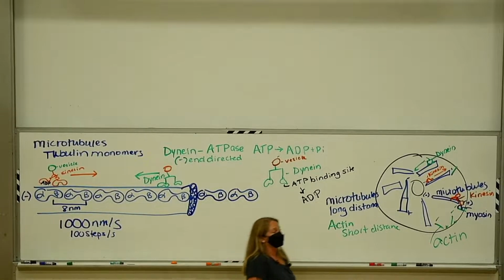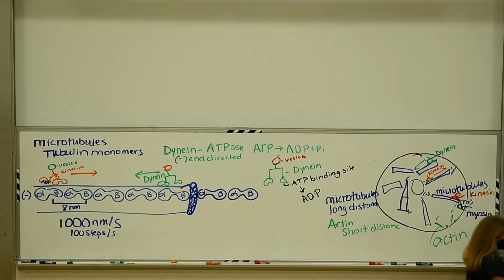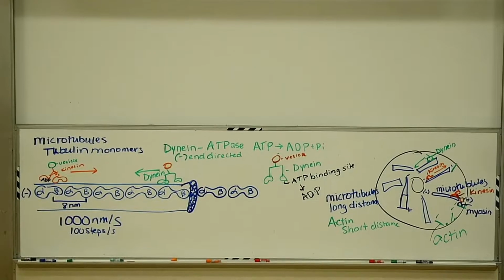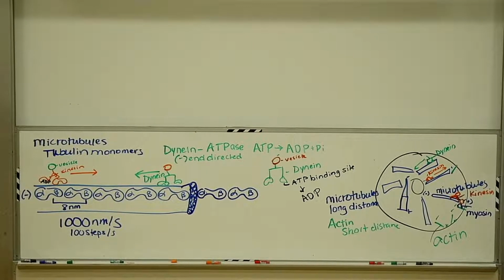Is there a certain reason why it can't go all the way to the end? Like they can't cross over? So why can't the microtubules go all the way to the end? I don't know why exactly. I look at it as a traffic pattern. Here's how I always explain microtubules versus actin. The microtubules are like when you fly into Denver. You're going to come into a specific terminal and you're going to have a ton of flights coming into that terminal.